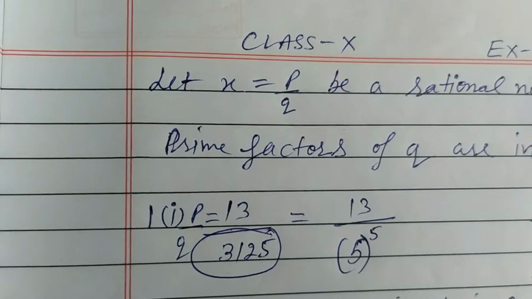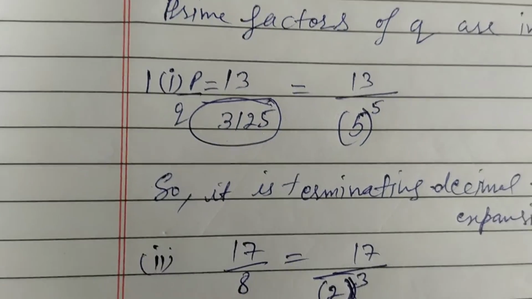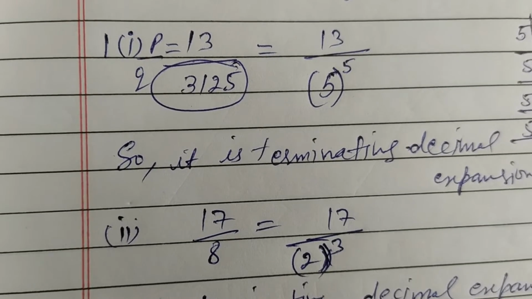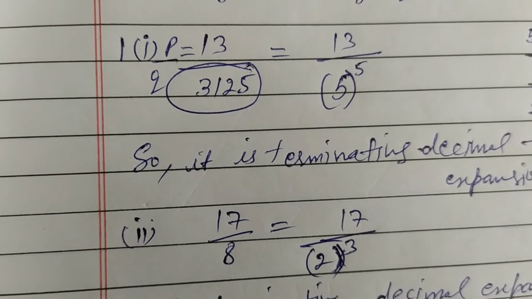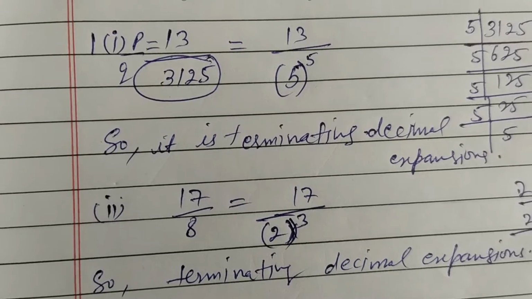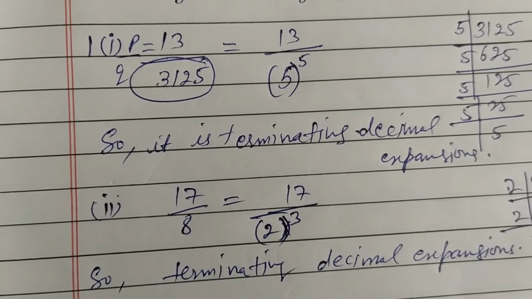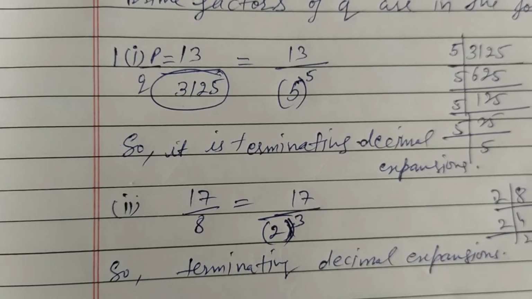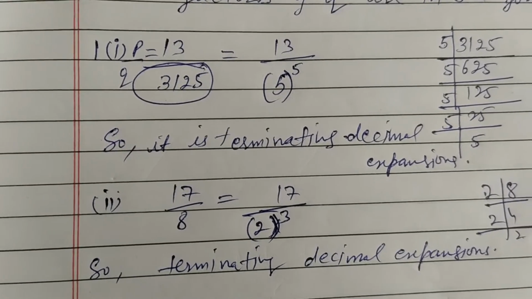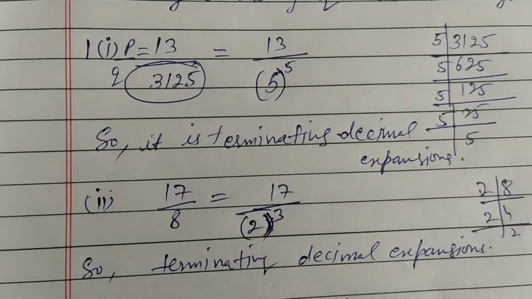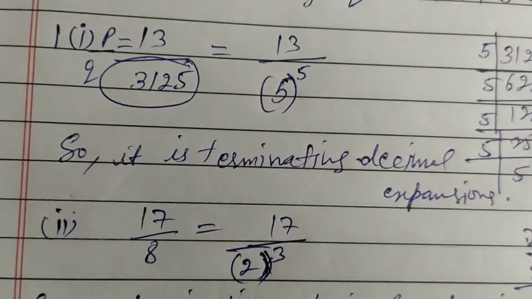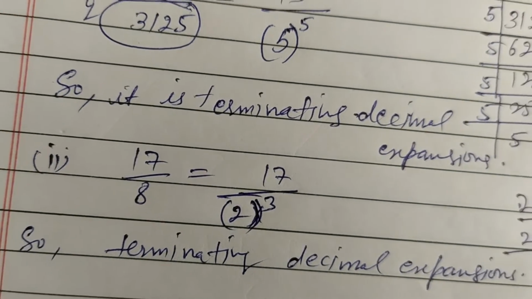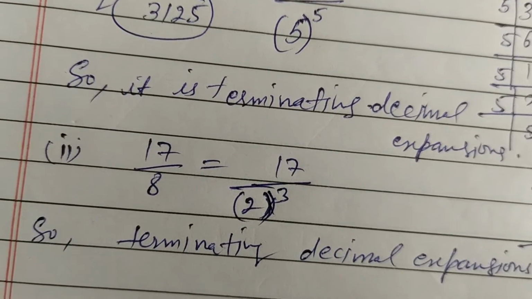Come on, first part, 13 upon 3125. Before doing the prime factors of the denominator, let's see whether the given number is in standard form or not. First of all, you always check whether the given number is in standard form or not.